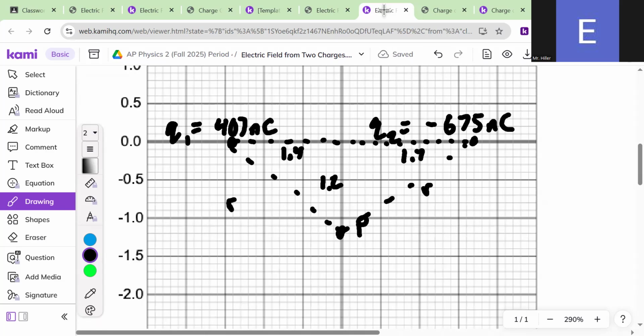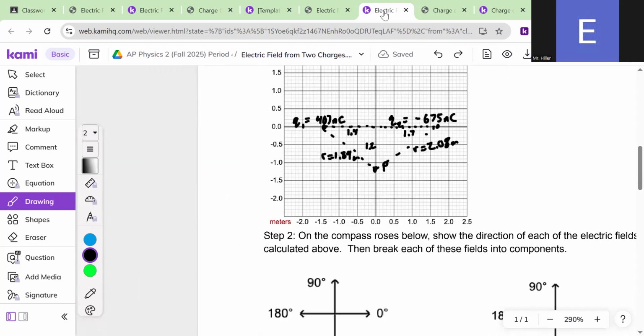So let's put 1.4 squared plus 1.2 squared, square root that, and I'm getting 1.84 meters between Q1 and P. And 1.7 squared plus 1.2 squared, square root that, and I'm getting 2.08 meters between Q2 and point P on that side. Okay, now we've got our values.